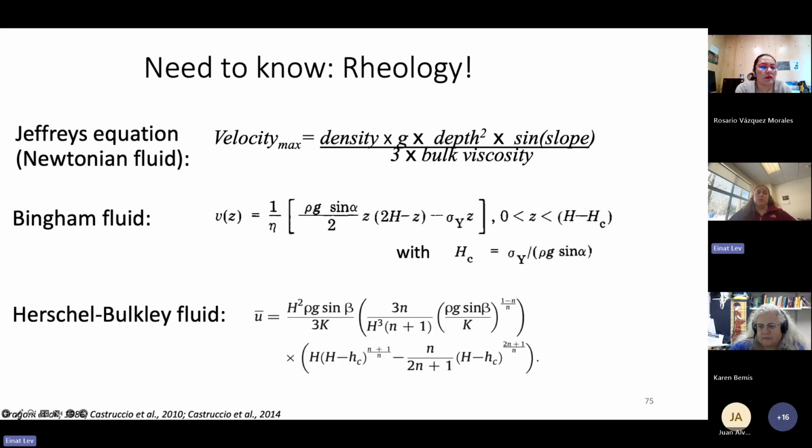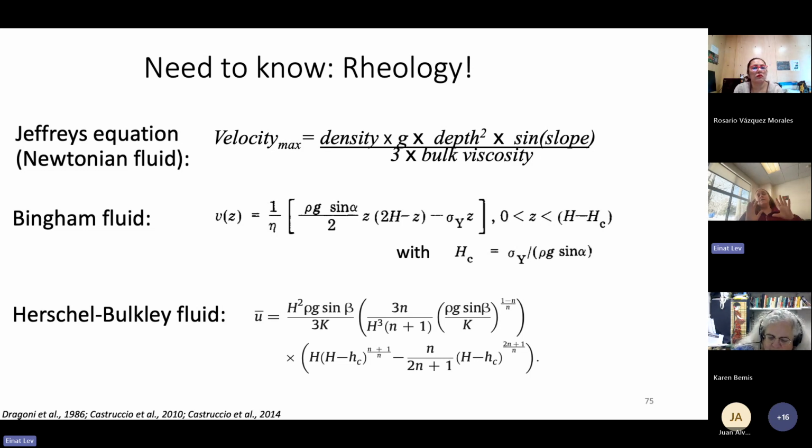There are equations for flow velocity also for a Bingham fluid, which is a Newtonian fluid that has to overcome a yield stress before it starts moving, and a Herschel-Bulkley fluid, which is like Bingham, with a yield stress, but it also has a nonlinear relationship between the stress and the strain rate.